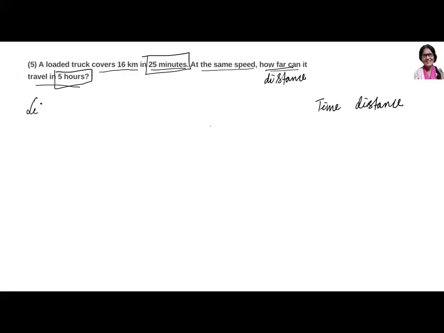So let the distance traveled be X kilometer. Next, I'm writing the variables. One is time, here I'll write time in hours.